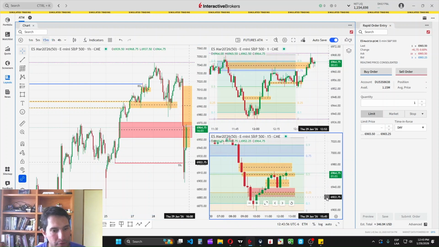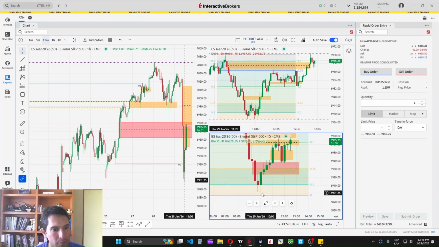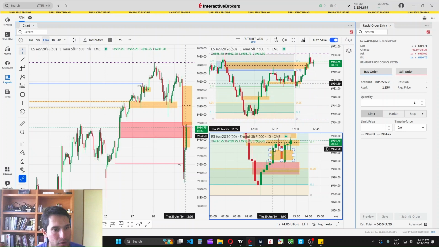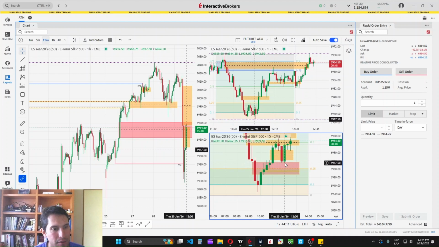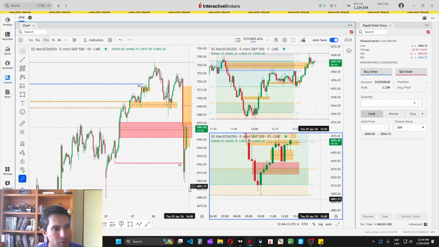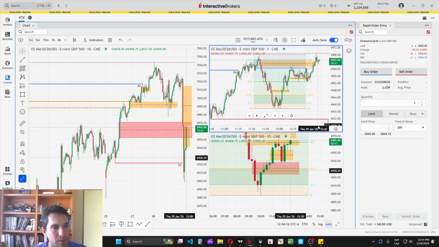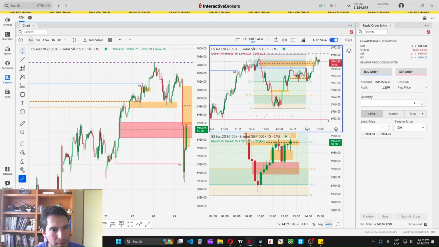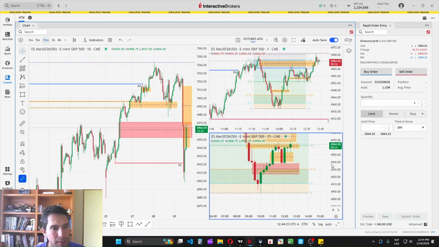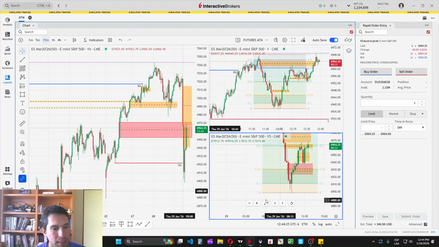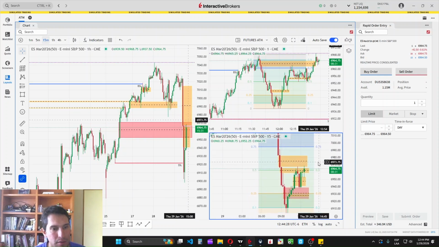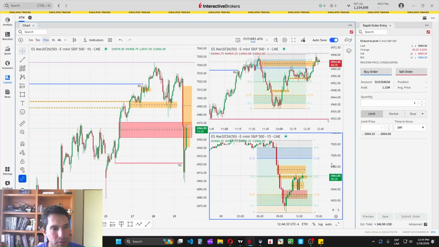If you see here in the 15-minute chart, the price rejected at that point, and then we crossed this fair value gap. It acted as an inversion fair value gap, and then price goes up. I couldn't take this trade because in my rules, the pullback should be at least 50% of the previous movement.